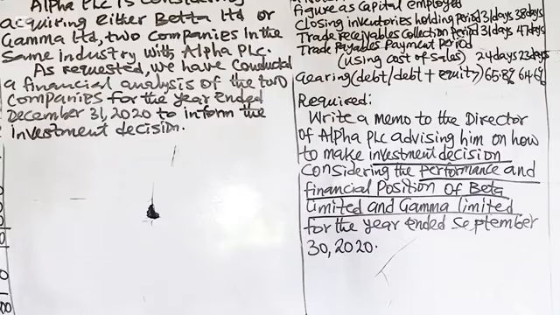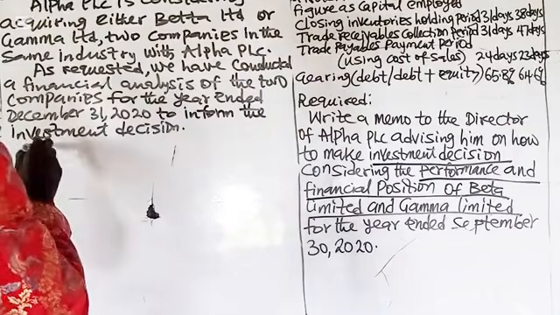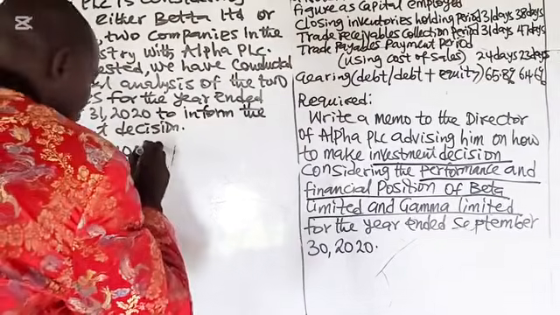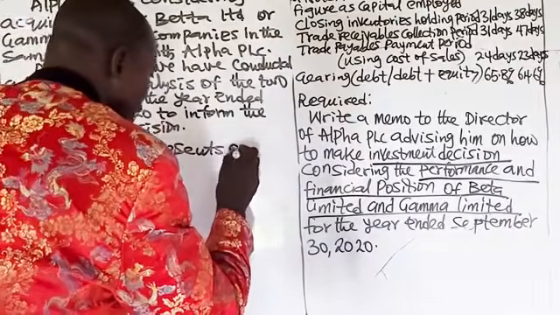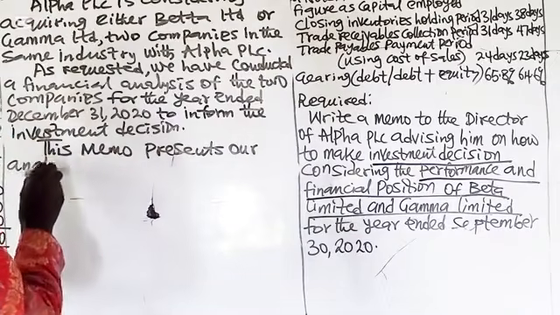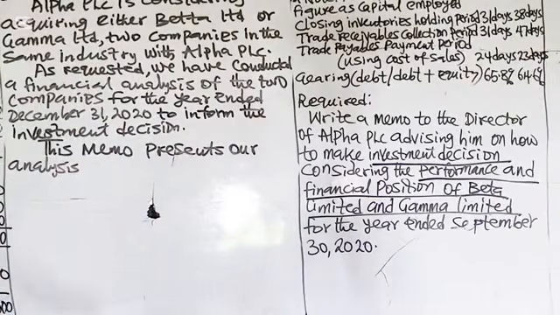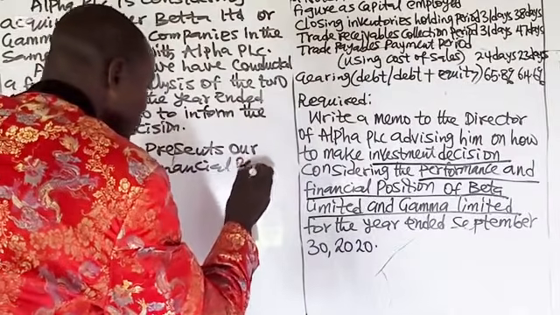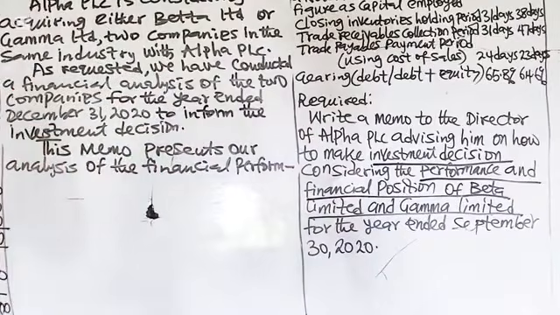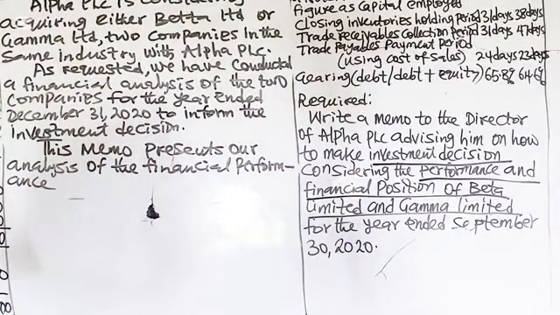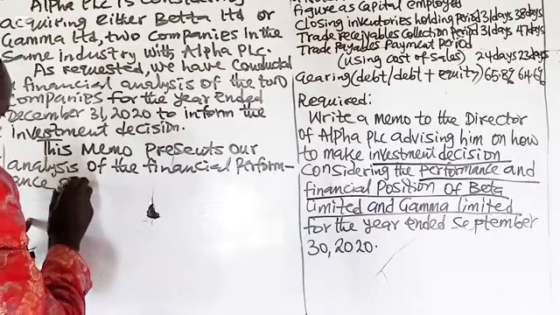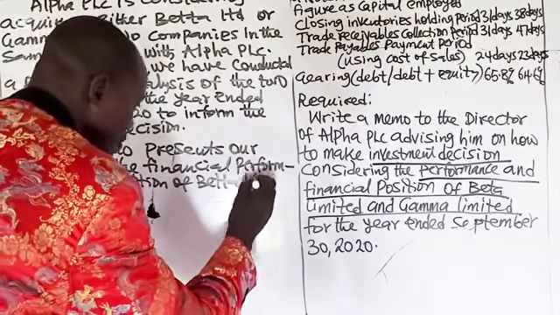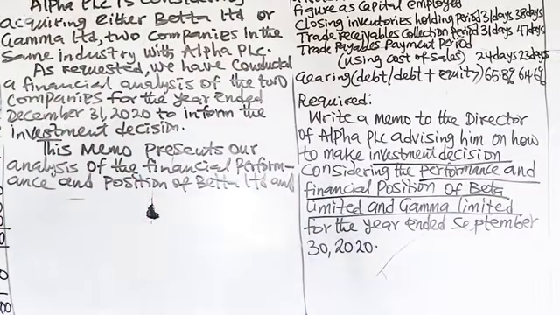This memo presents our analysis of the financial performance and position of Beta Limited and Gamma Limited.